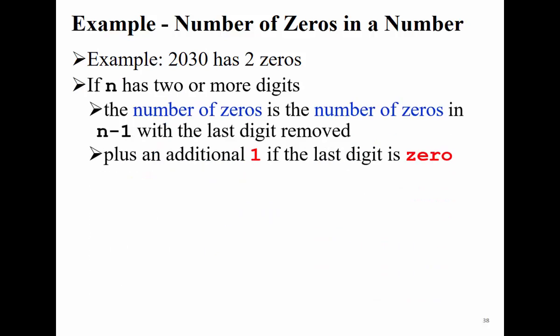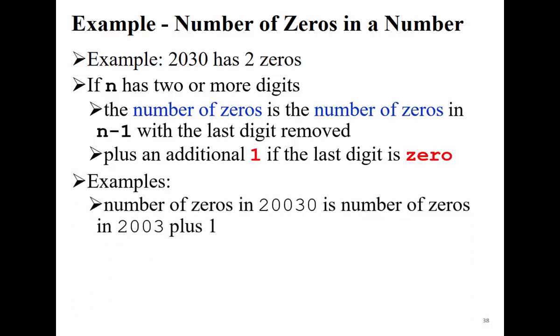If n has 2 or more digits, then the number of zeros inside the number will be the number of zeros inside n minus 1 digits plus 1 for the last digit if the last digit is equal to 0. If the last digit is not equal to 0, we're going to add 0.